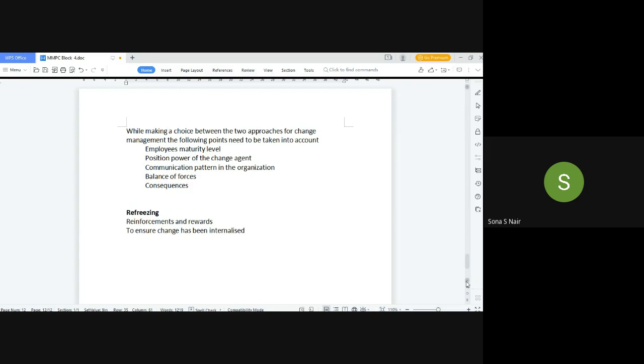So, to ensure that the change has been completely internalized, reinforcements and rewards need to be put in place, till the time people are so used to the change that they've forgotten the earlier method of working.